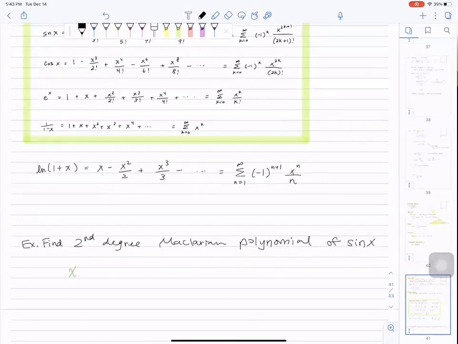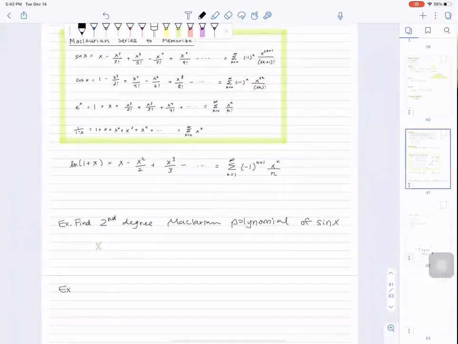What if they said, find, and it goes into, you can manipulate all these Maclaurin series. You can multiply Maclaurin series, divide them, do other manipulations. So what if they said, find the 6th degree Maclaurin polynomial of sine of x squared.